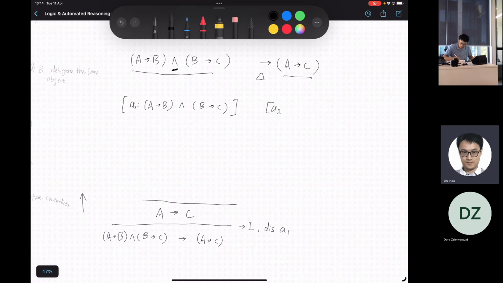I'm going to call it A2. And that assumption is just A, just the left-hand side. And if from that assumption we can prove C, then we can conclude A implies C. Okay, so that's another one. And after doing that, we discharge A2. So now we need to fill in this blank. We've got 2 blanks that we need to fill.